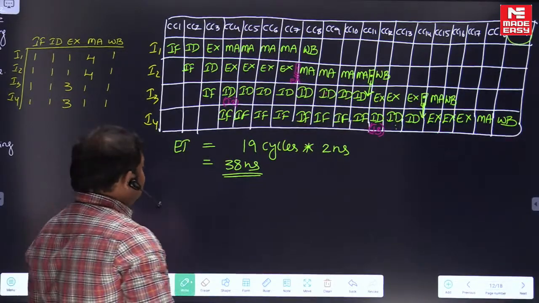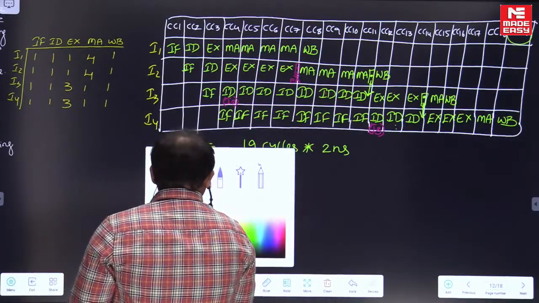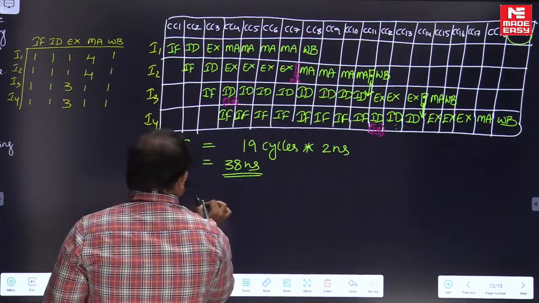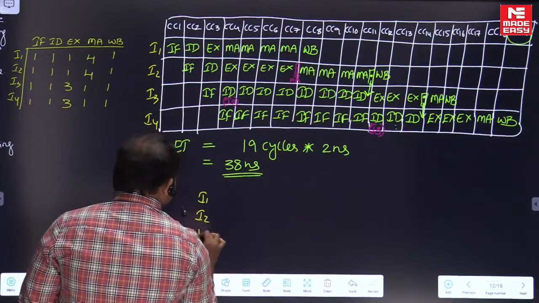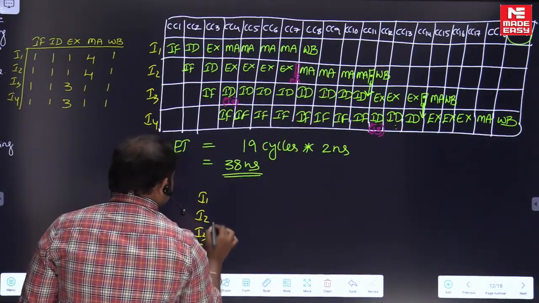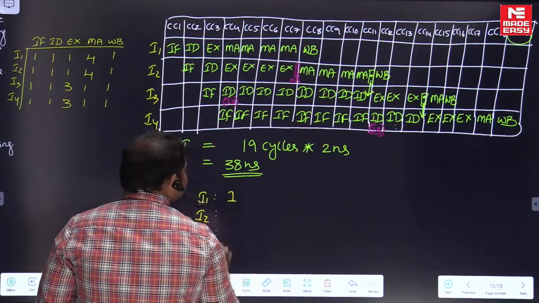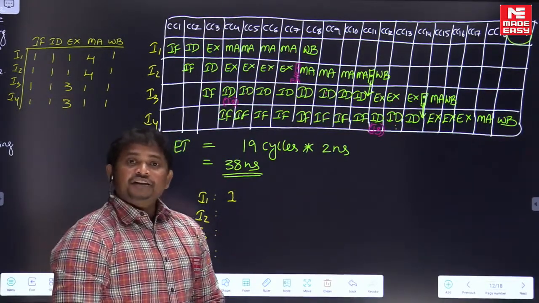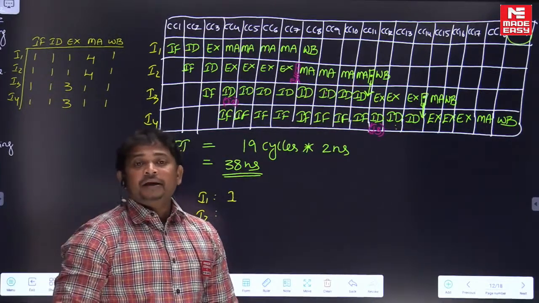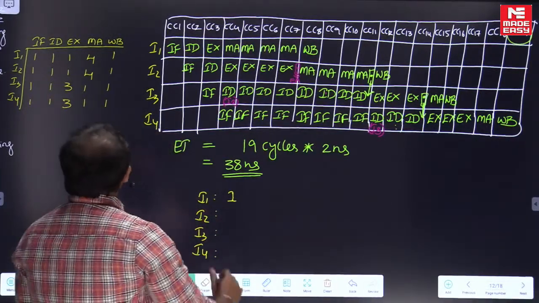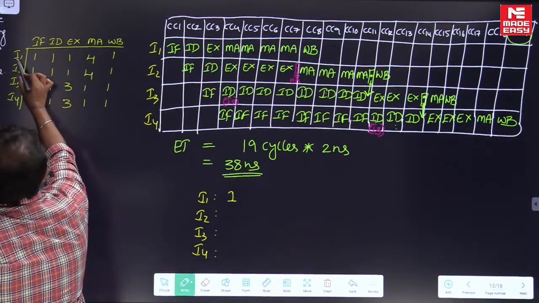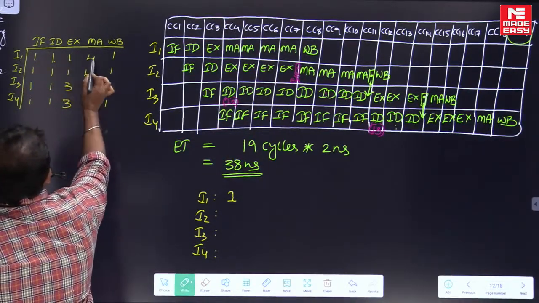So we can easily calculate this like this. There are 4 instructions: I1, I2, I3, I4. Usually every instruction takes 1 cycle because of overlapping. But here the I1 cycles are 1, 1, 1, 1, 4, 1.